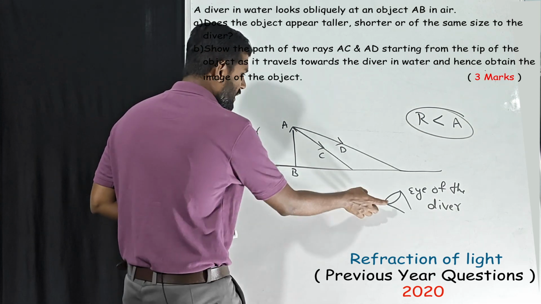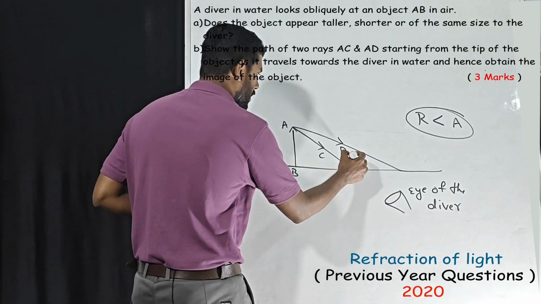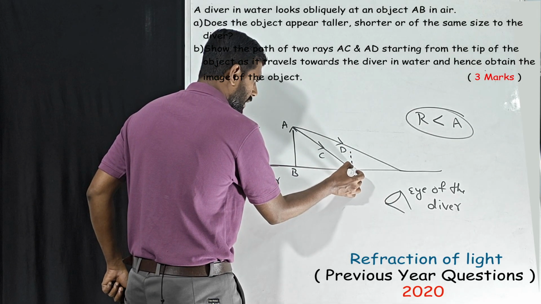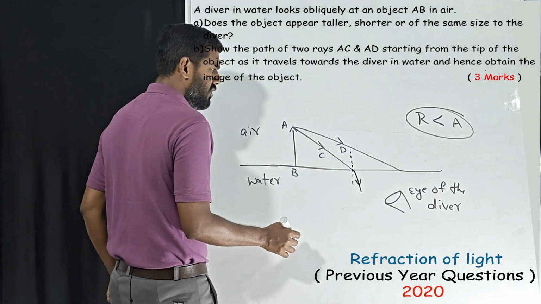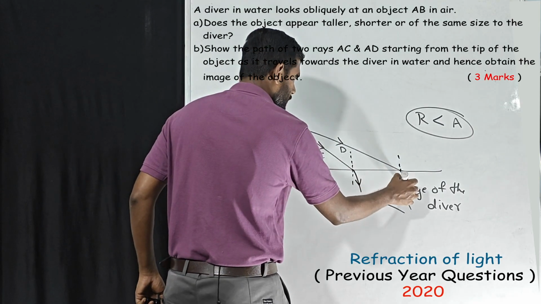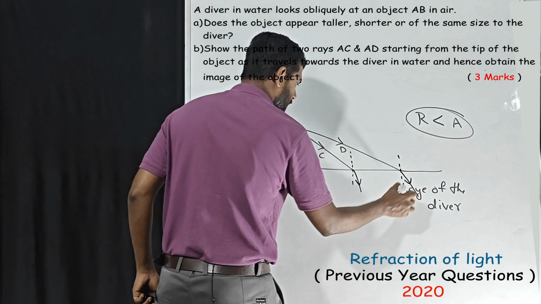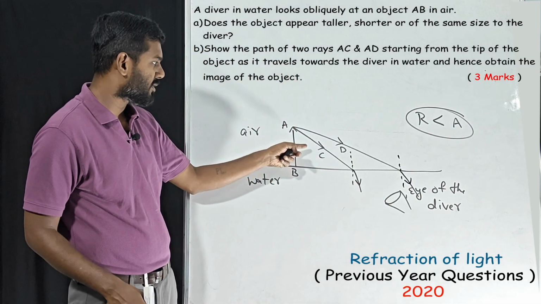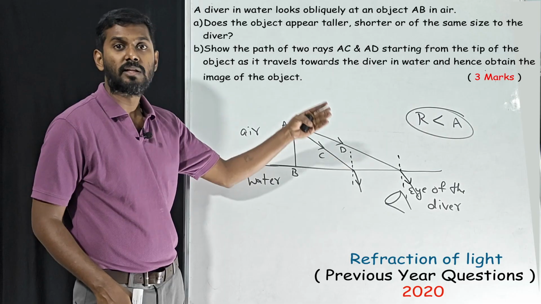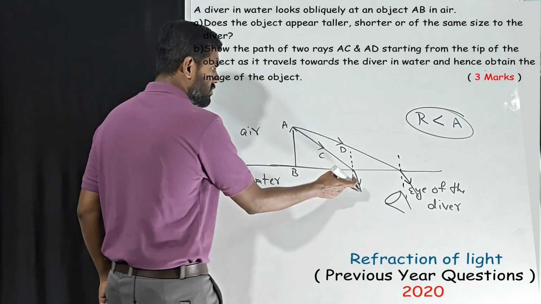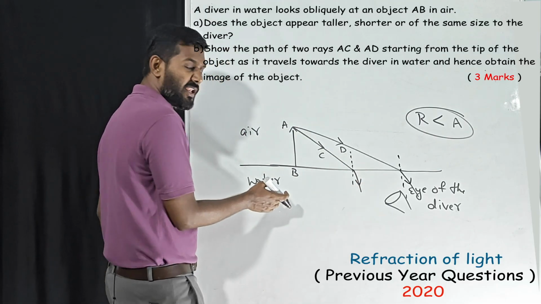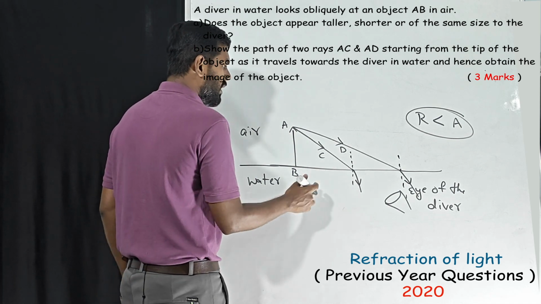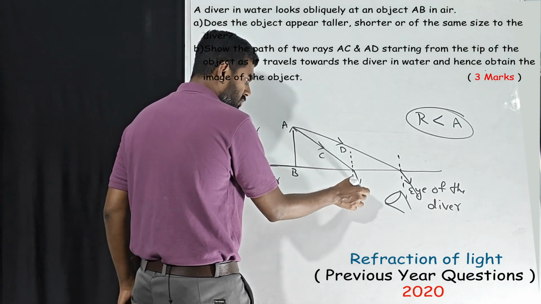Listen, now he is looking from here, and whenever light touches the surface, it has to refract. The speed of light is getting slowed down, since it goes from rarer to denser, so the speed has to reduce. When the speed is reduced, it moves towards the normal.